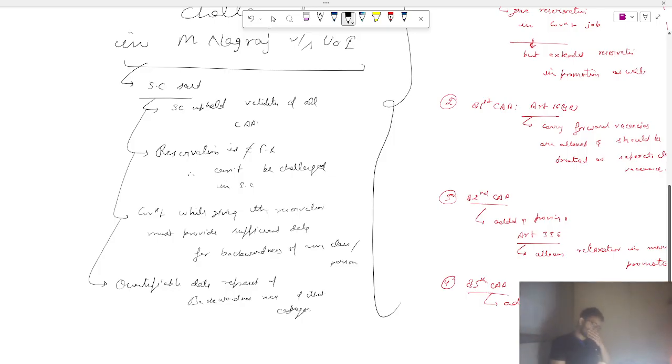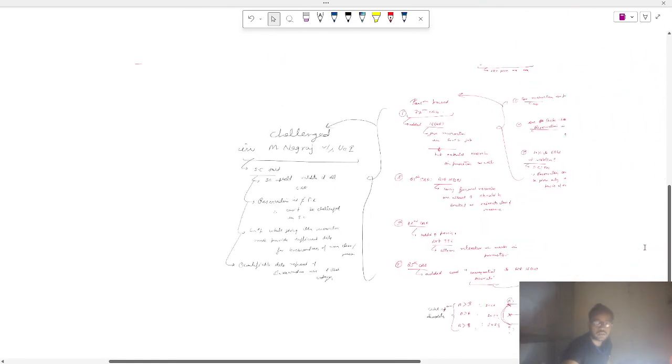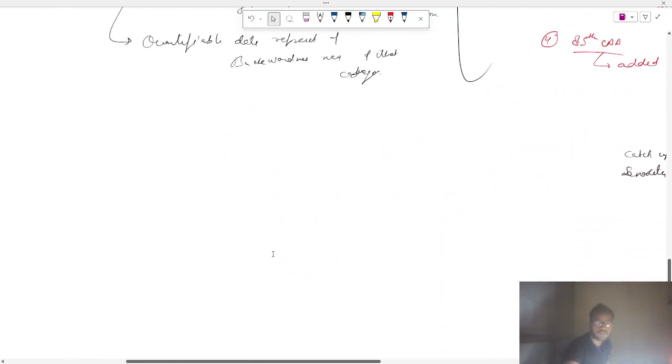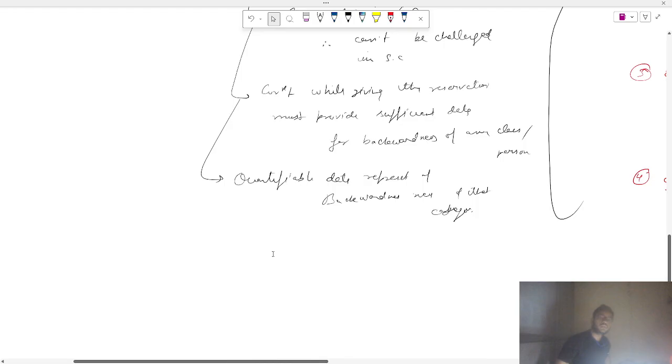Now, in the case of Jarnail Singh versus Union of India, another case came to the Supreme Court.